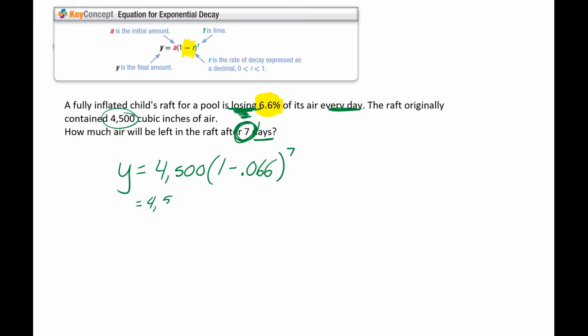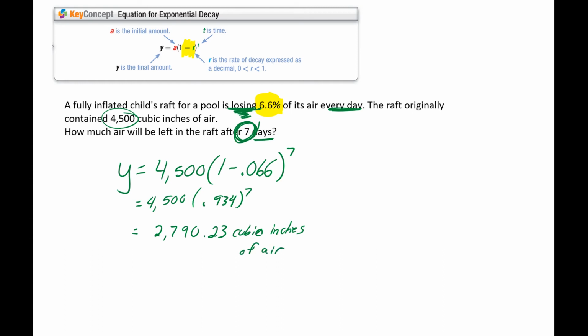So this will become 4,500 times 1 minus 0.066 to get 0.934 to the 7th power. Do some nifty calculator work, raise that to the 7th power, and then multiply by 4,500 to get 2,790.23. I'll round it there. Cubic inches of air.